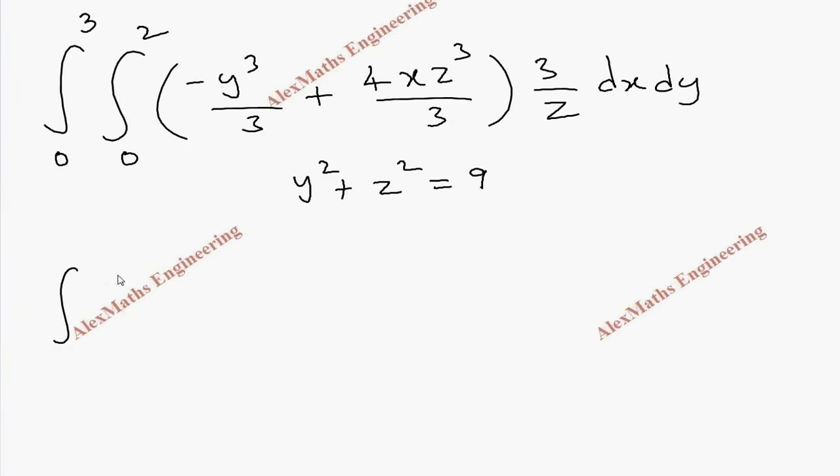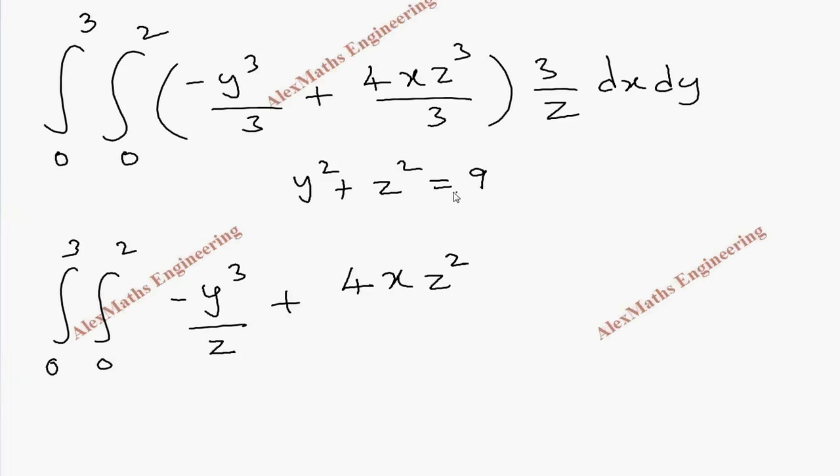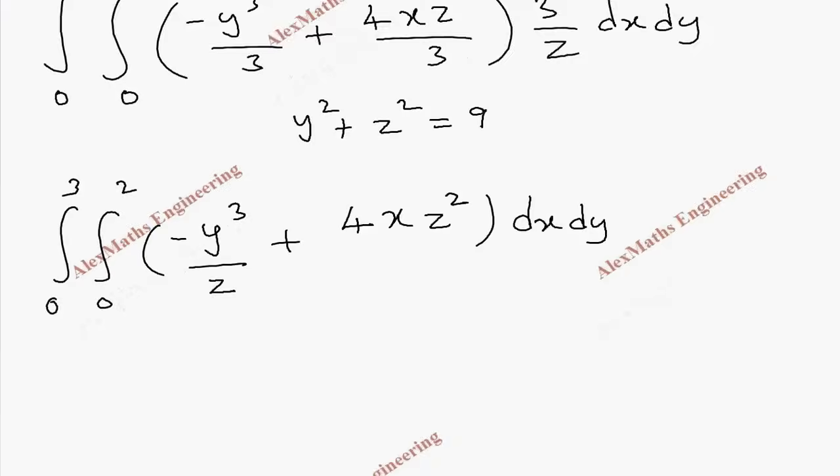Now let's simplify this further. So integral 0 to 3, integral 0 to 2, and when I multiply 3 by z here, we get only minus y cube by z. 3 gets cancelled, and even here it is 4x z square. 3 gets cancelled, z cube by z is z square, and we have dx dy. Now I have to change everything in terms of x and y.